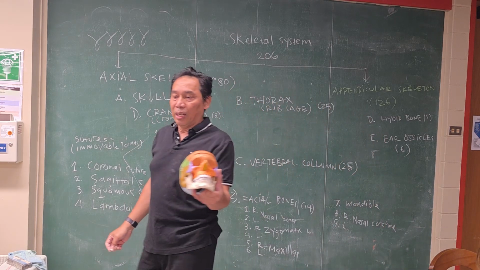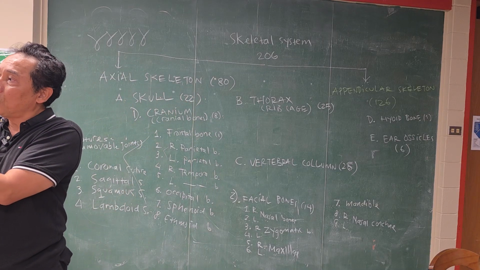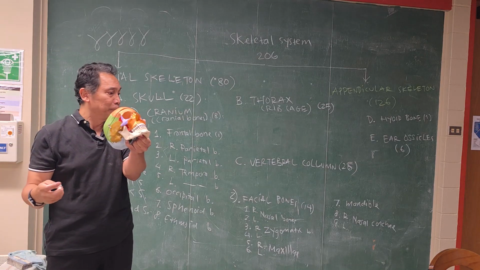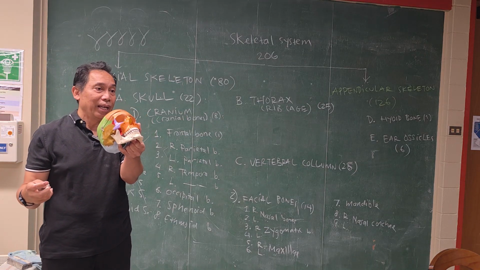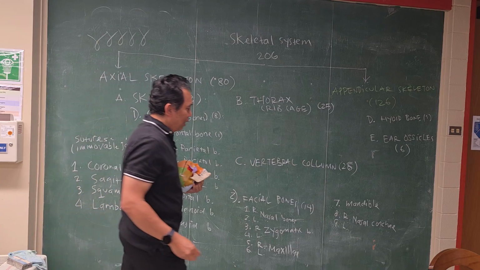Okay, you can take this one on your table later to see the two nasal conchae, left and right, in your nasal cavity. Okay, 9 so far.